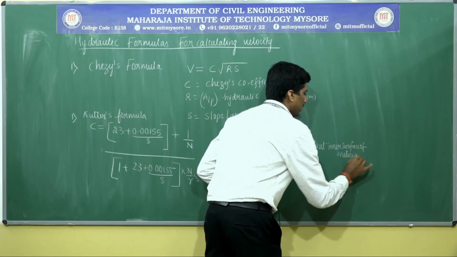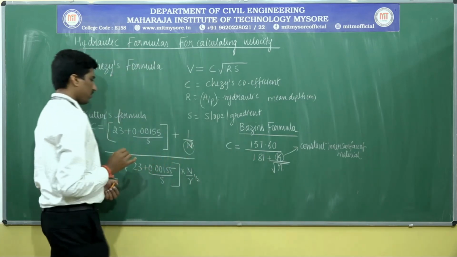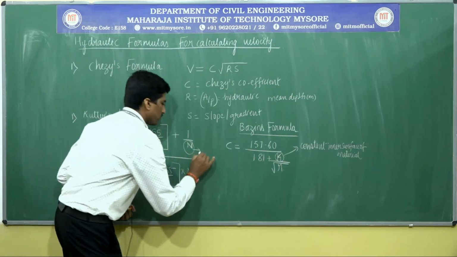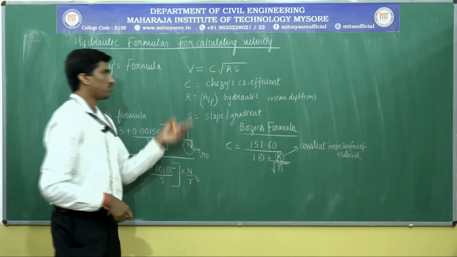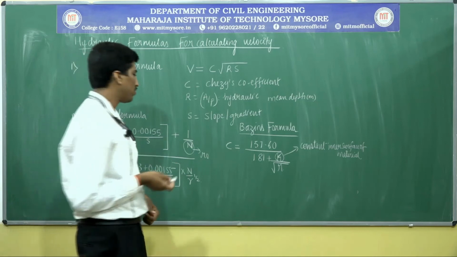What about n? We call it the roughness coefficient. This Chezy coefficient can also be determined using the roughness coefficient depending upon the surface.